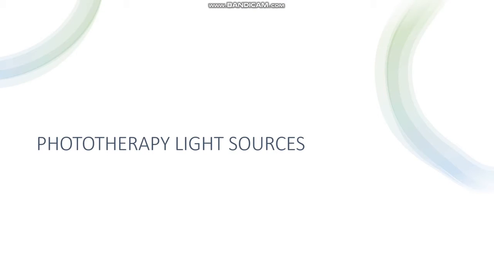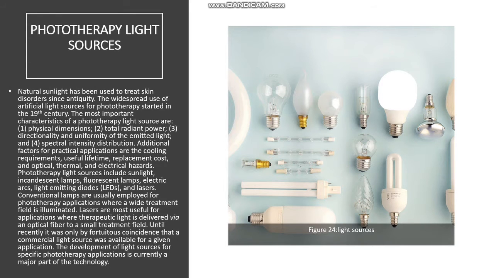I will tell you about the light sources used in phototherapy. Phototherapy light sources. Natural sunlight has been used to treat skin disorders since antiquity. The widespread use of artificial light sources for phototherapy started in the 19th century.